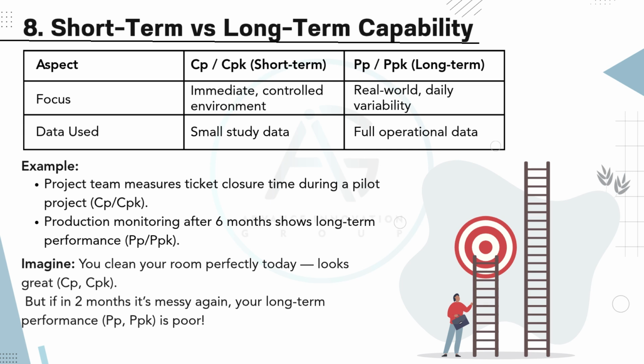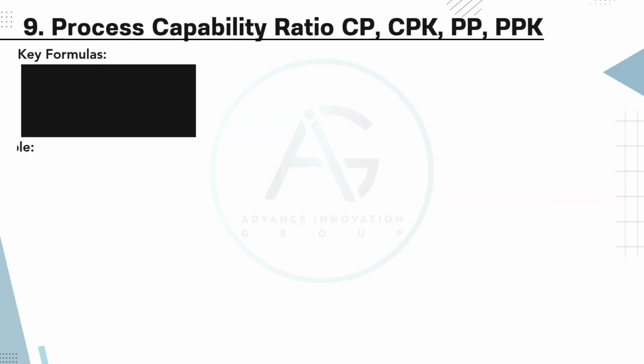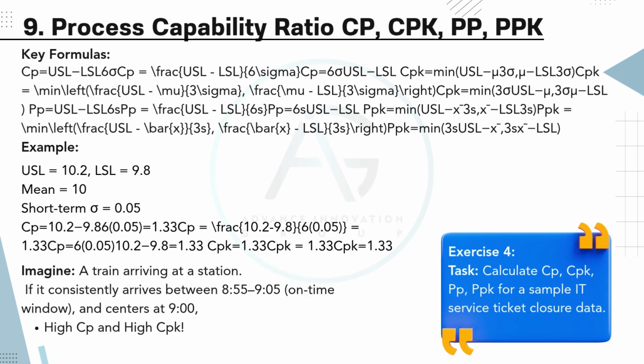your long-term performance, PP/PPK, is poor. Process capability ratios help us measure how well a process meets specification limits. CP measures potential capability, assuming the process is centered. CPK adjusts for how centered the process actually is. PP and PPK are similar, but use overall long-term variability.